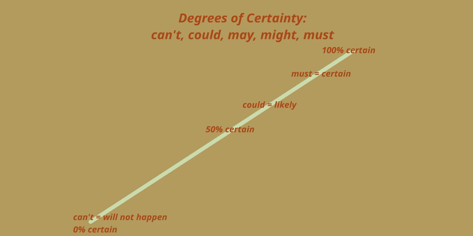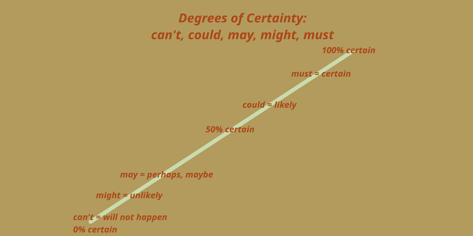Could is closer to might. Something is likely to happen. It's just slightly above the 50%. But may, which we can use with words like perhaps or maybe, is less than 50%. And might is just above can't. Again, that something is unlikely, but there's still a chance. Can't means that it's not likely.